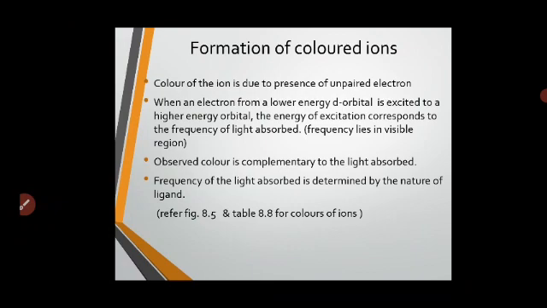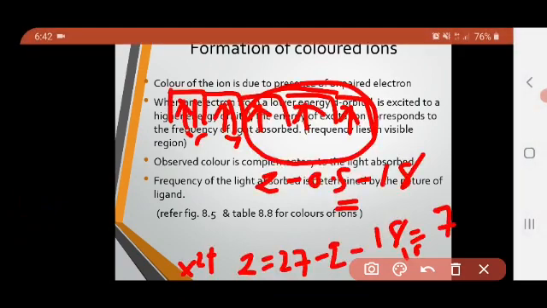Now you may wonder why only these extreme elements are colorless. The reason is that they do not have partially filled d orbitals, that is, there is an absence of unpaired electrons. It means the color property depends on the presence of unpaired electrons.